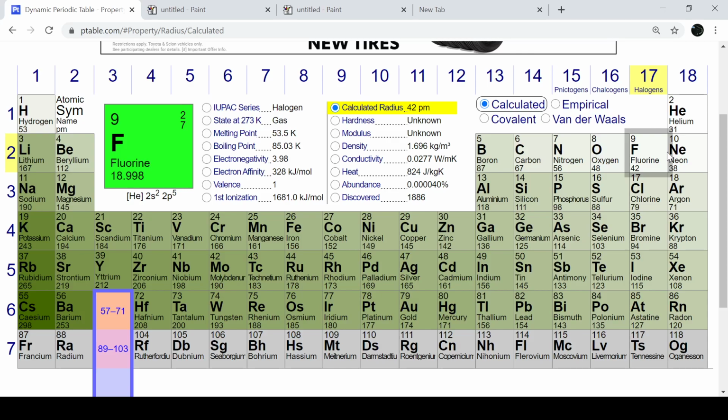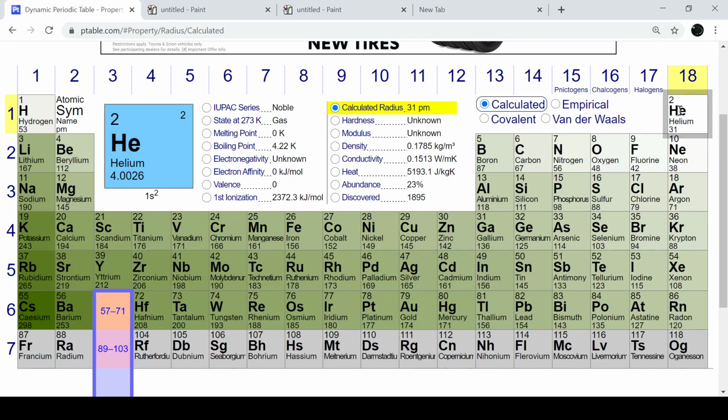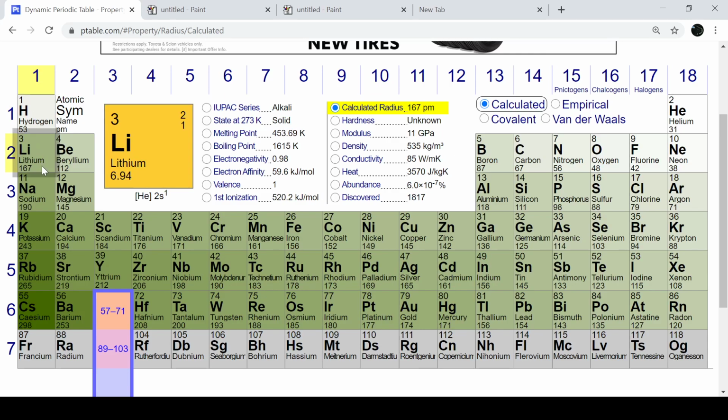So we have this trend that as you go across a row or across something that has the same energy levels, that it gets smaller. And then as you go down and increase the number of energy levels, it gets larger. So that means that even though we don't have the actual radius for francium figured out, we would expect that francium right here would have a larger size than cesium. Okay?